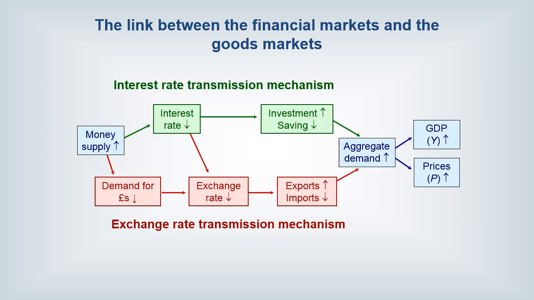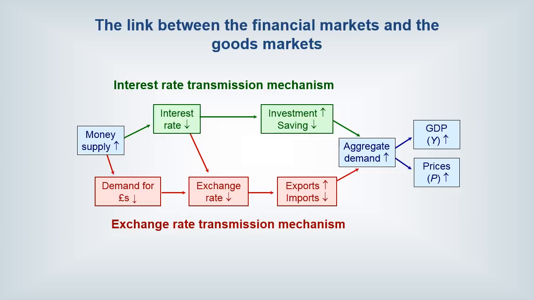There are two transmission mechanisms in macroeconomics. One is for the closed economy, that's the interest rate transmission mechanism. And the other one is for the open economy, where it's the exchange rate that transmits policy into the real economy. So let's look at the example of both.